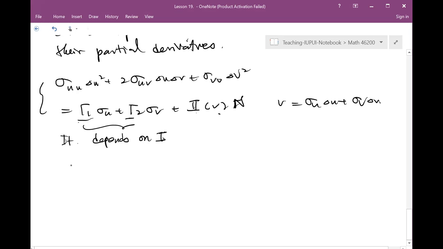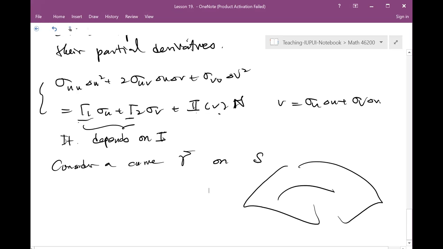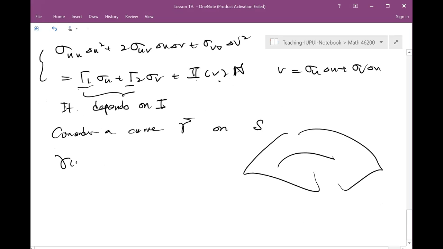Okay, so consider a curve gamma on the surface. Now you can describe gamma(s) in the form, here s is going to be the arc length, right? So it's unit speed, okay, unit speed.